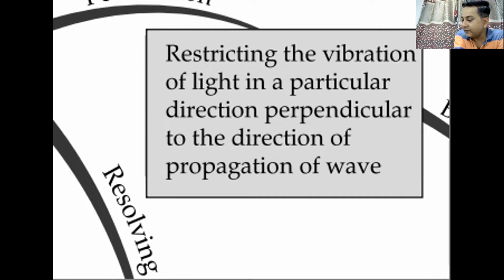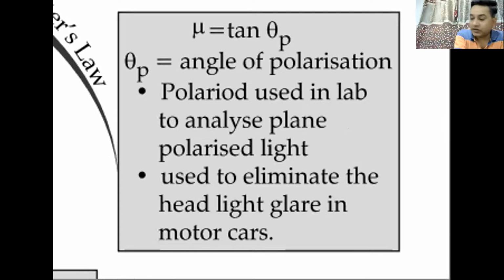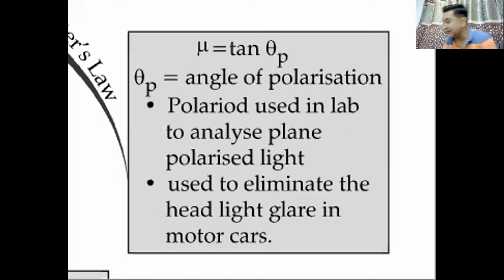And we have then seen what is your Brewster law. If the angle of incidence is your polarizing angle, then your reflected ray becomes completely polarized and your refracted ray becomes partly polarized. Do we remember this?